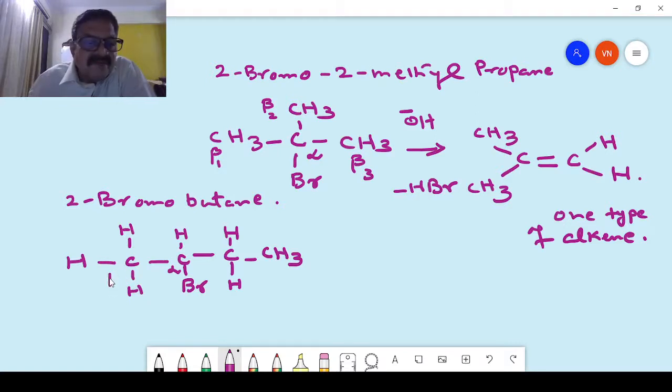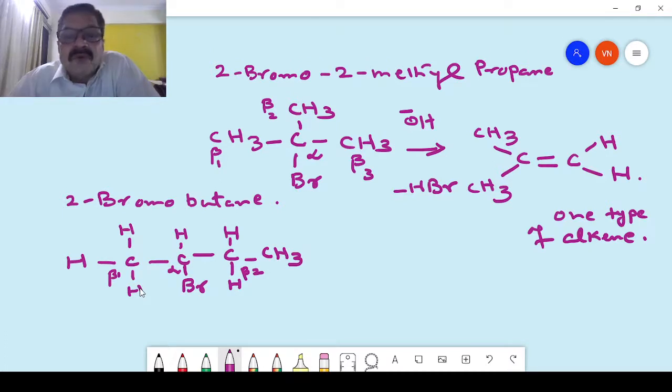This is beta 1, and this is beta 2. So in 2-bromobutane there are two different types of beta carbons, beta 1 and beta 2.